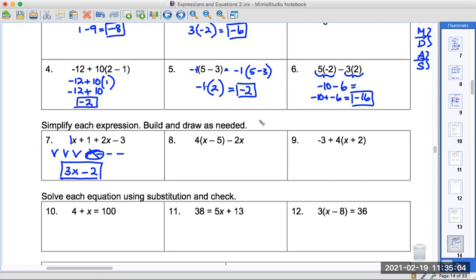So I'm going to put that combine only like terms. And I want you to highlight those things that I'm saying are important.